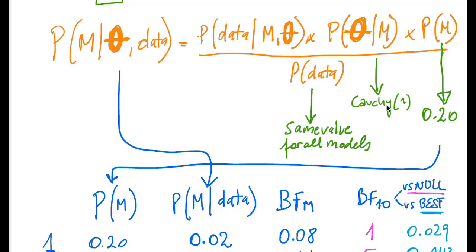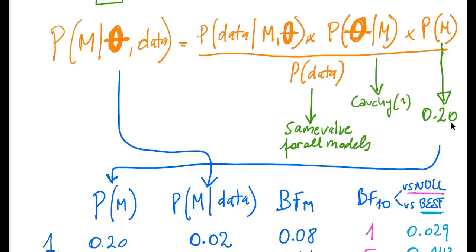And then P(M), the probability of the model, is the prior of the model. In this case, because we have 5 models and we don't have any information about which model is best at the moment, we give the same probability to each of the 5 models.